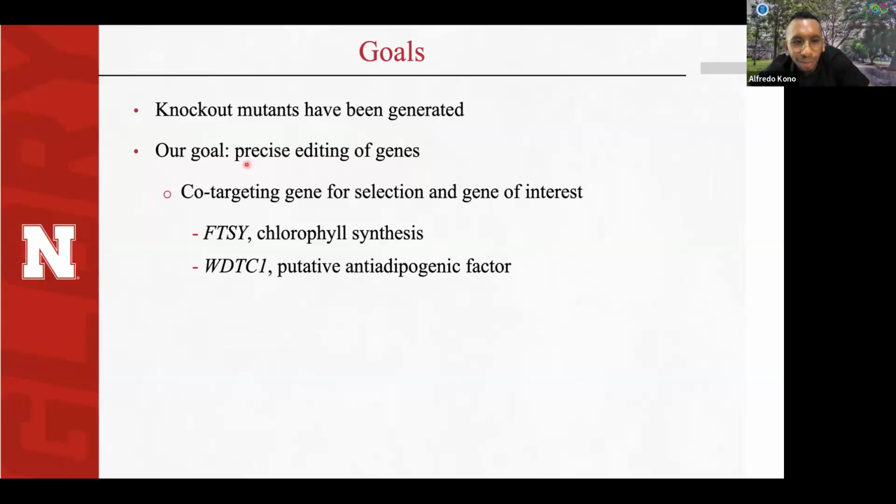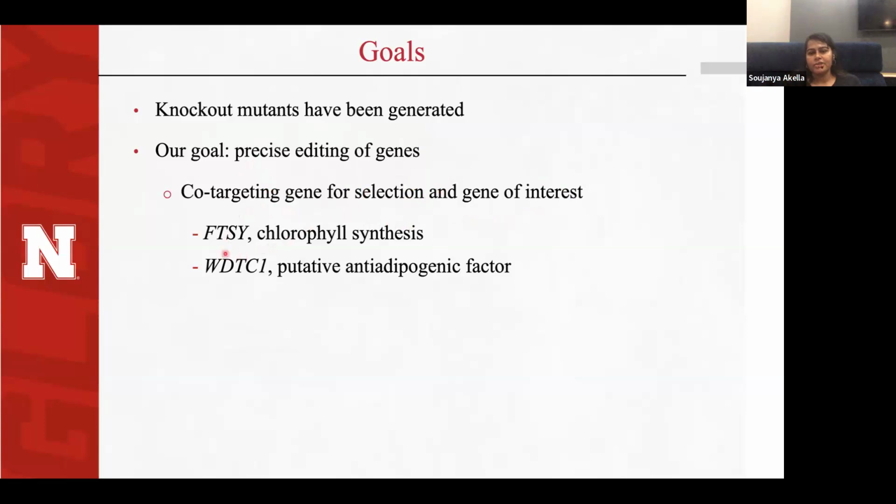They wanted to implement precise editing of genes, where you only want to change a couple of bases in your target DNA. We achieved this by co-targeting a gene for selection and a gene of interest.